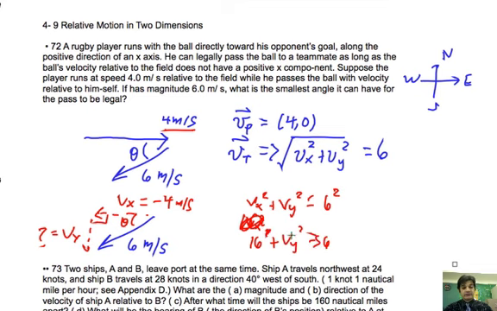So Vy squared is 20. If I wanted to get the angle, I could do the inverse tangent of 20 over 4, or -4, whichever one you want. So theta is going to be the inverse tangent of 5. I'll plug that into my calculator and get my answer.